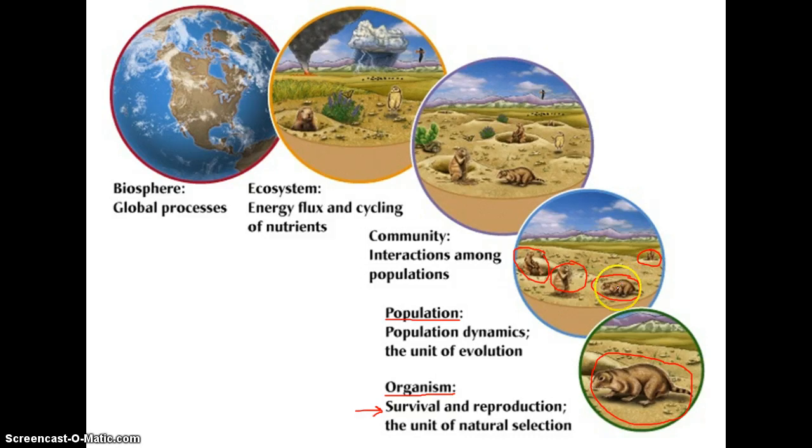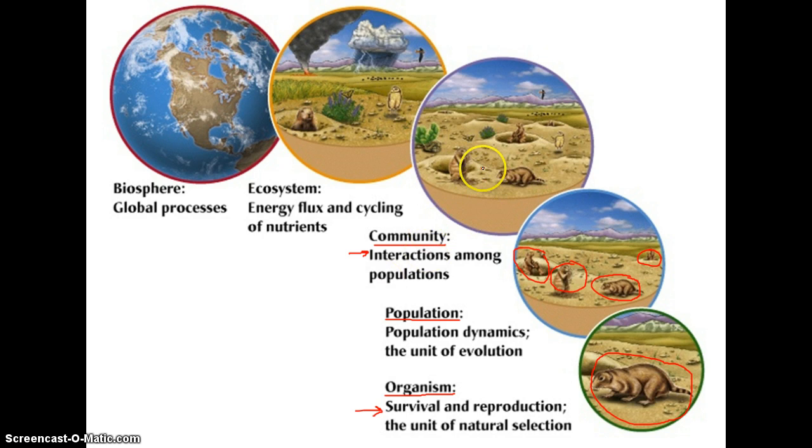That is a population. Now, when we come up to the next level of community, again, a term that you likely have heard used in several different contexts, here we're talking about ecology. An ecological community is defined, as you can see down here once again, as interaction among different populations.